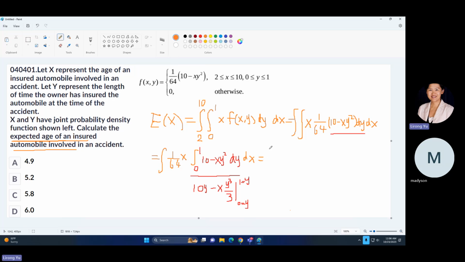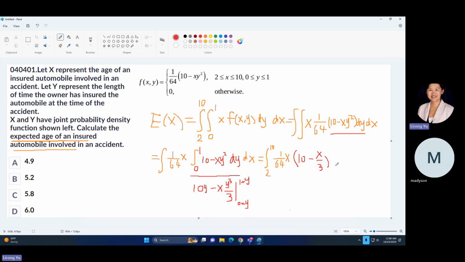Equal to, now the x is 2 to 10, 1 over 64x. Now the one we are calculating ended up being 10 minus x over 3.